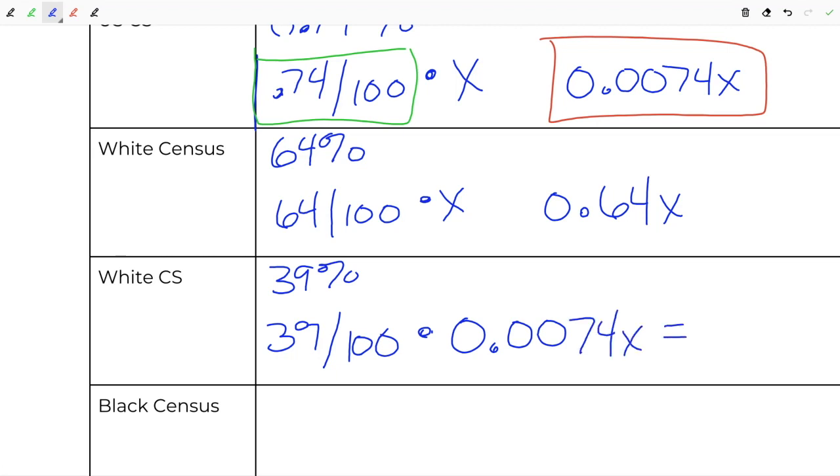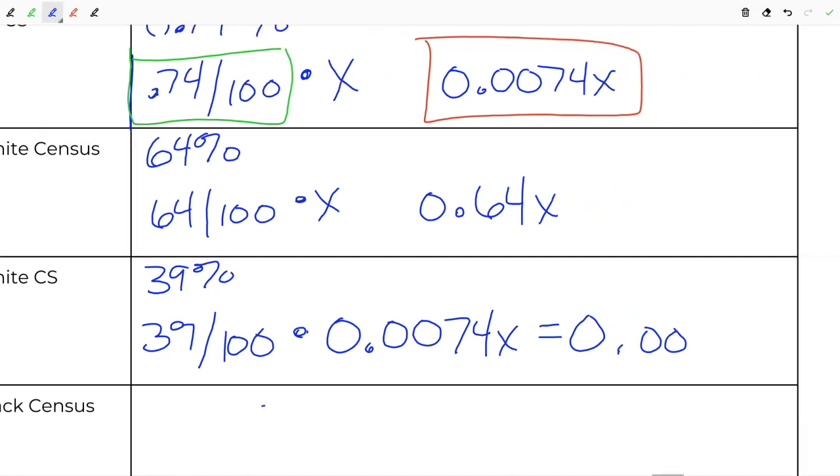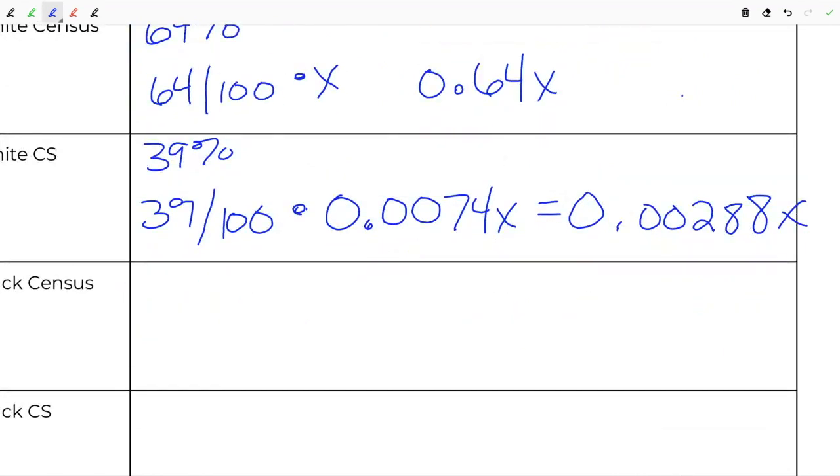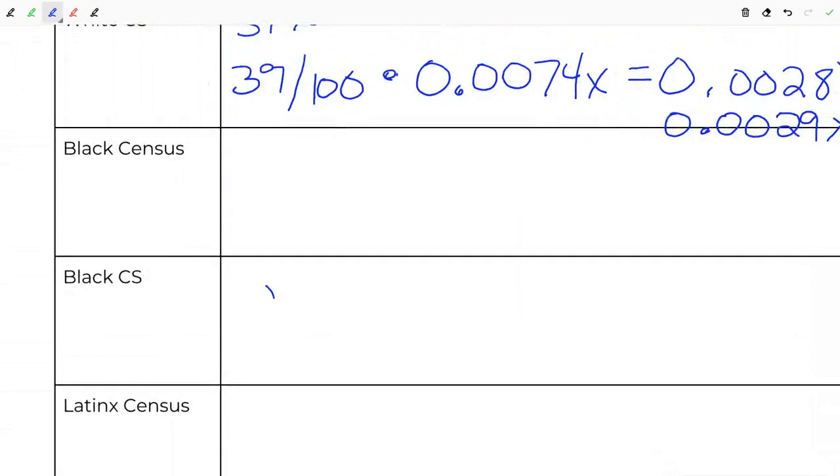And so again, we just simplify our numbers and we get 0.00288 of them are white. And again, we need to keep track of sig figs, so this becomes 0.0029X people on my lawn are both white and in the criminal justice system.